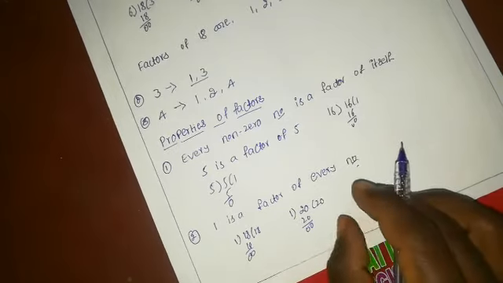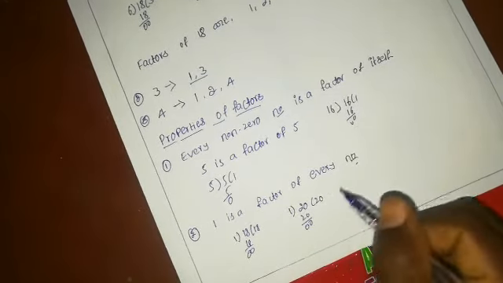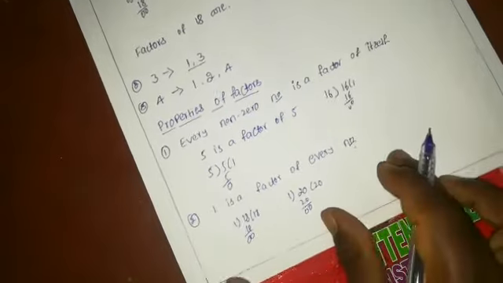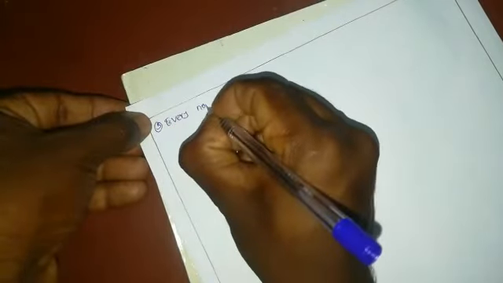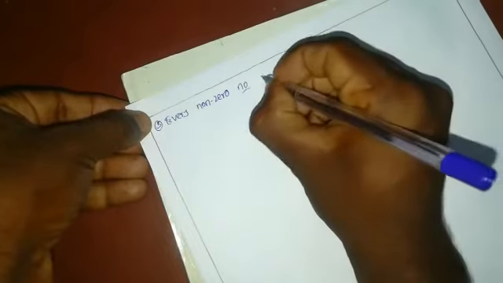And the third property is every non-zero number is a factor of 0.